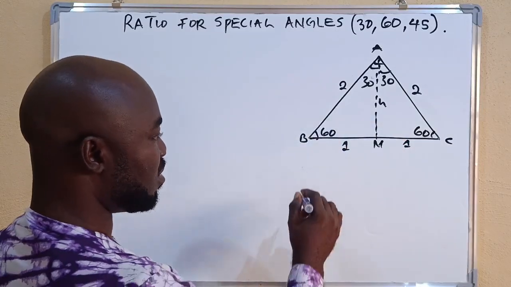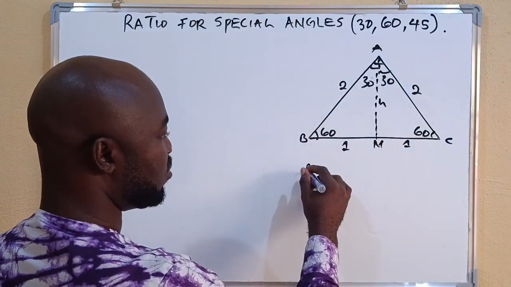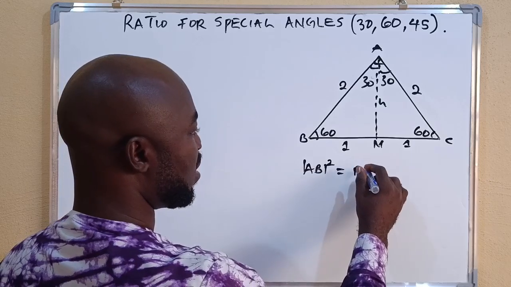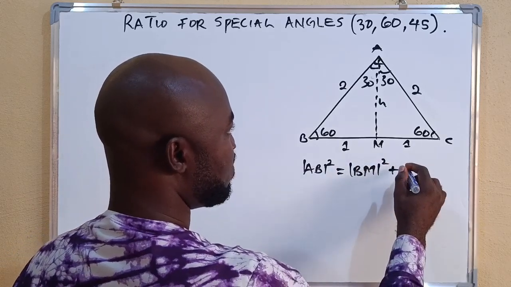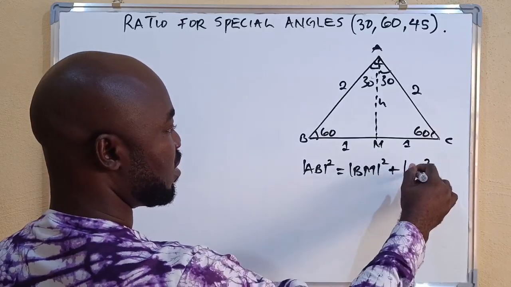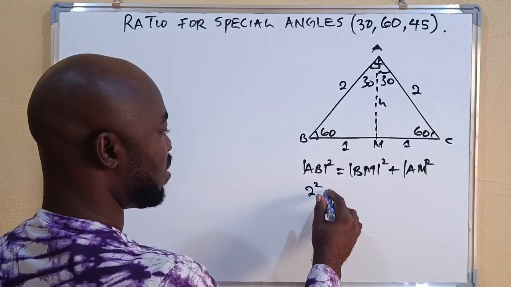So that means I will use the right side, which is AB square, will give me BM square plus AM square. Okay, so my AB square is 2 square.